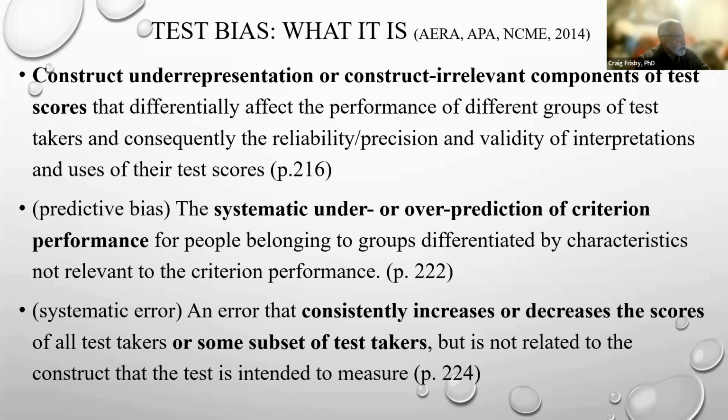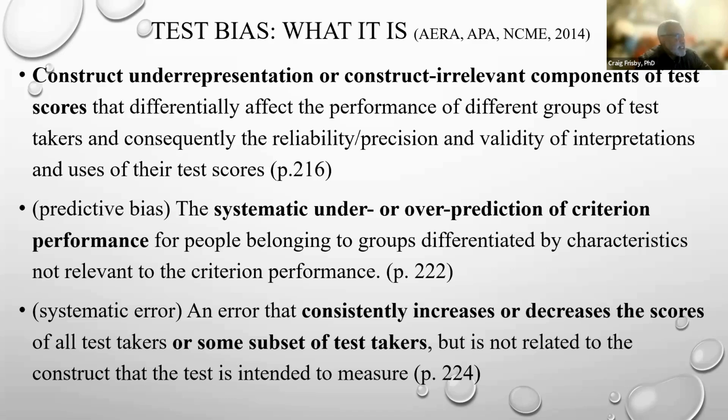Now, if you look at the Standards for Educational and Psychological Testing, published by the APA, the American Educational Research Association, AERA, and the National Council on Measurement in Education, and that was published in 2014, they are at work in updating that, but the latest standards document gives you a definition for what to look for whenever you want to evaluate a test as being biased.